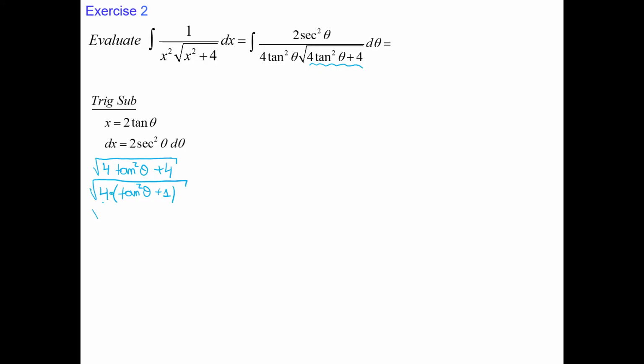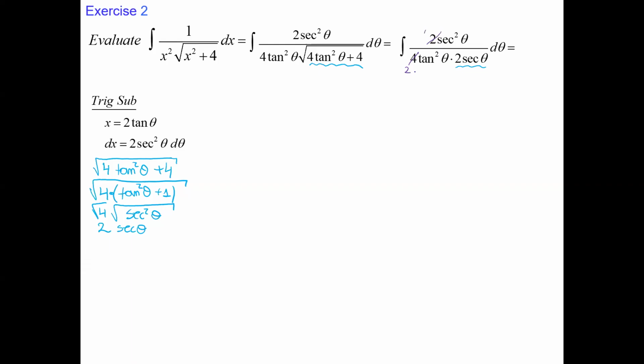When we have a product, we can split for 2, and tangent squared theta plus 1 is secant squared theta. Square root of 4 is 2, square root of secant squared theta is just secant. Okay, that we may rewrite as 2 secant theta. Beautiful.